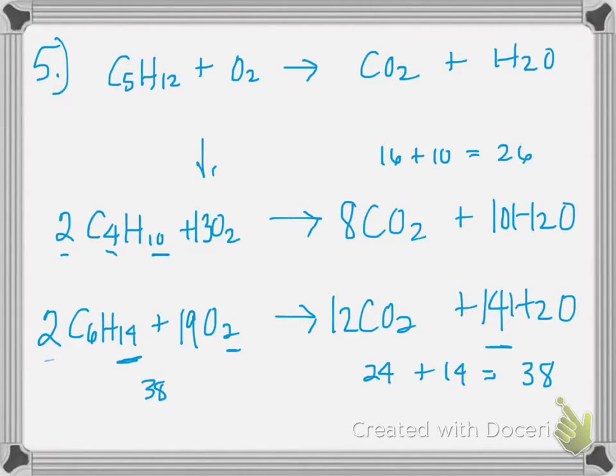All right, now I look at my hydrogen, got 12. Half of 12 is 6, so I'm good because it's an even number, so I can proceed. I have 5 for carbon, so I put a 5 here. Now I do my oxygen count. 10 plus 6 is 16, so I need 16 over here, so I would put an 8 there.